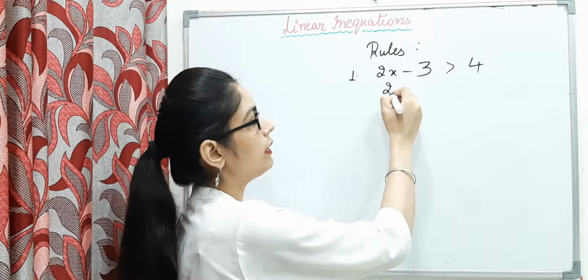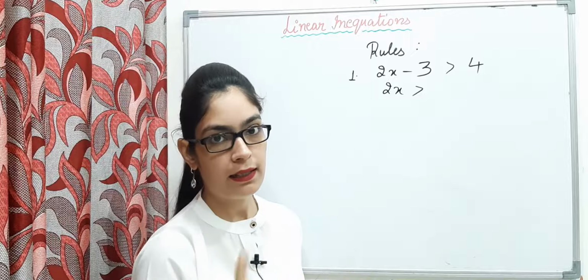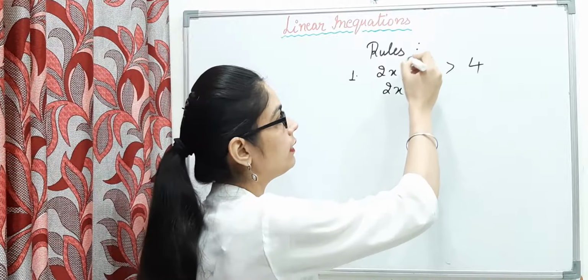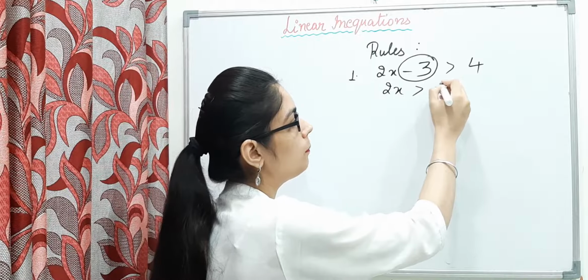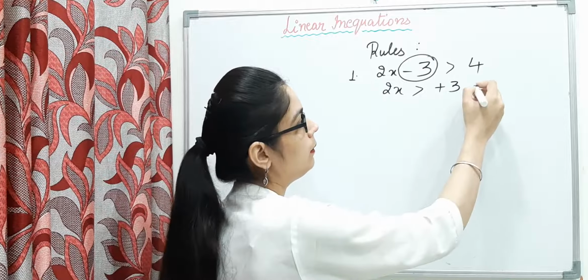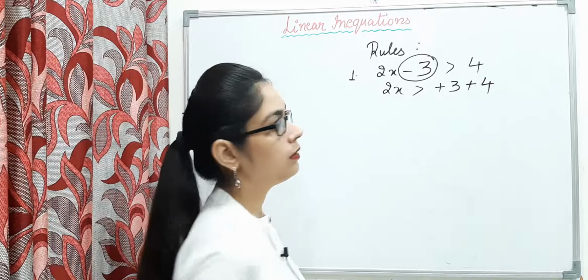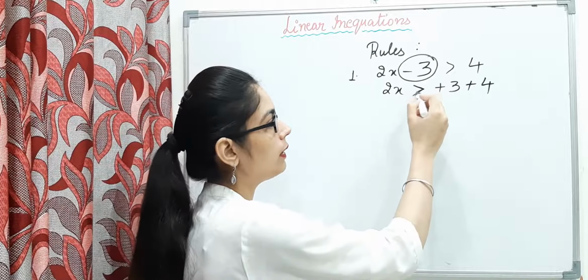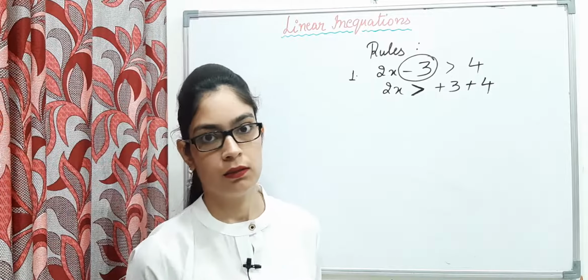When we shift a negative integer in an inequation to the other side, this negative integer will change to a positive integer. So minus 3 will change to plus 3, plus 4 as it is, and the sign of inequality will remain the same here.